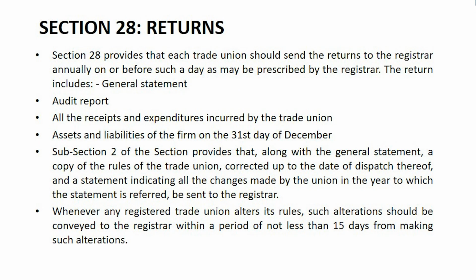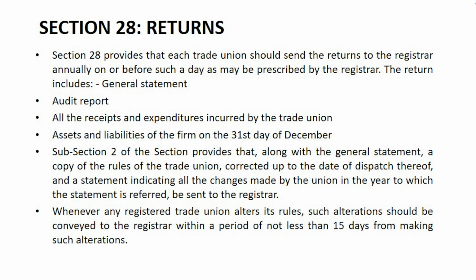Now, section 28 talks about the returns. This is the responsibility of every trade union: they must file the returns with the registrar annually, on or before such a date as has been prescribed.